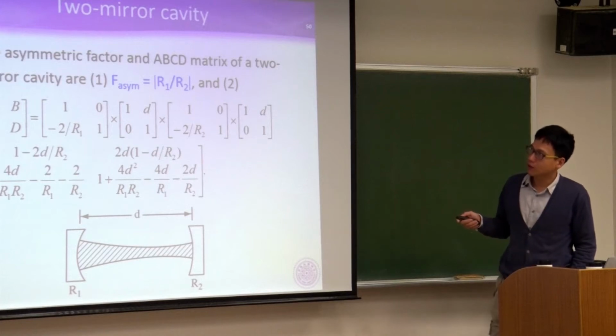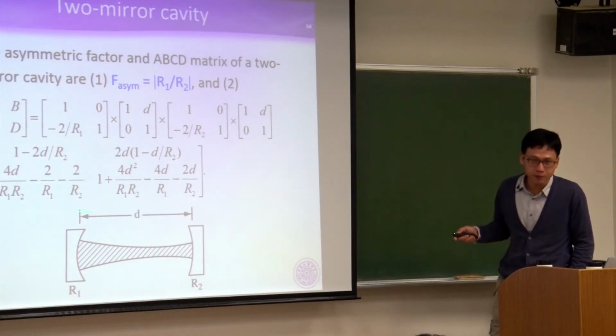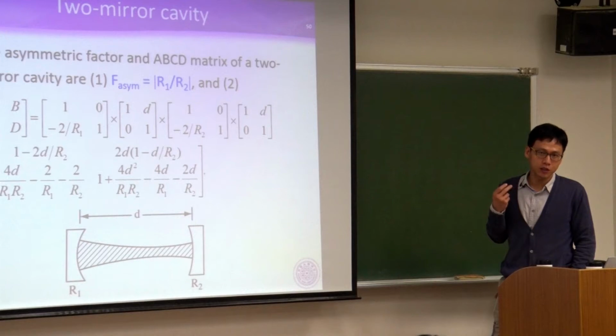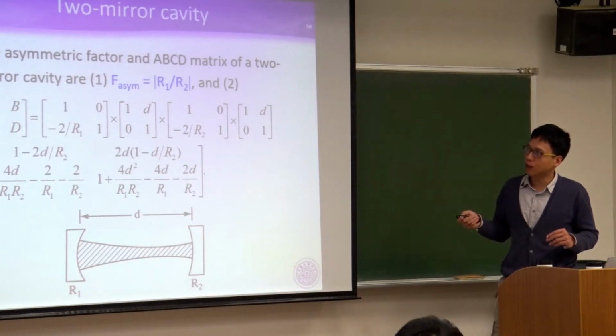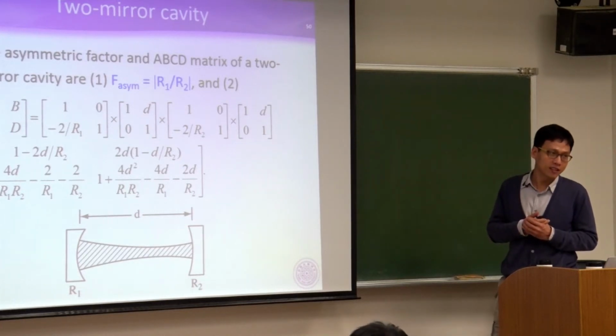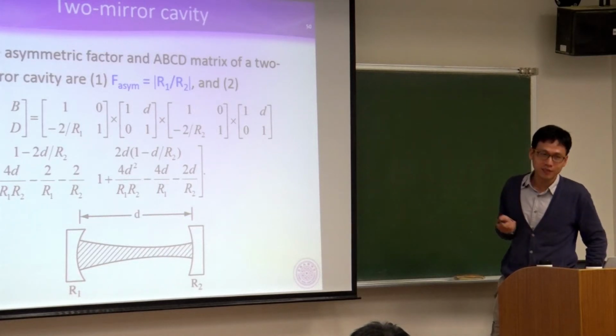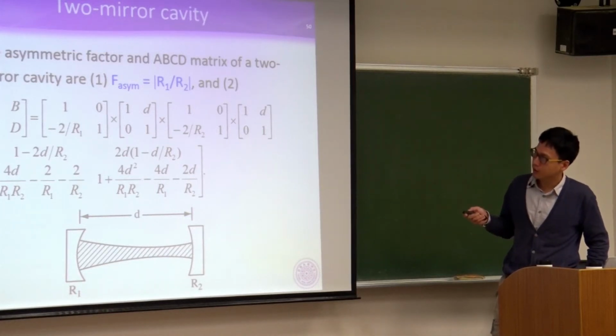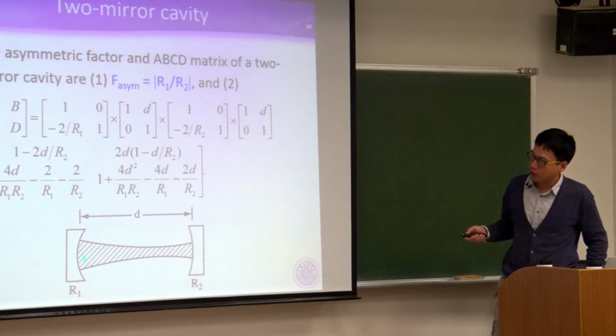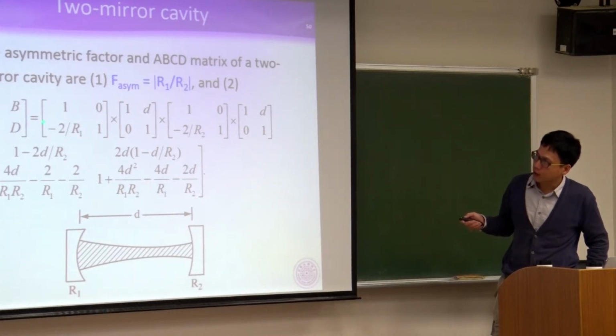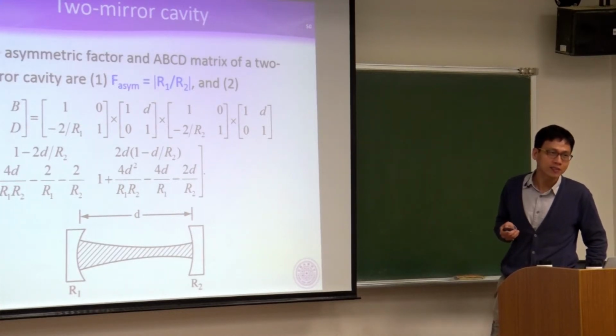Second, what is the ABCD matrix of this system? We know in linear optics or geometric optics, a system can be modeled by a 2x2 matrix ABCD. Okay, but what are the 4 elements? You can use this formula. Starting from curved mirror 1, the impact is represented by this 2x2 matrix.